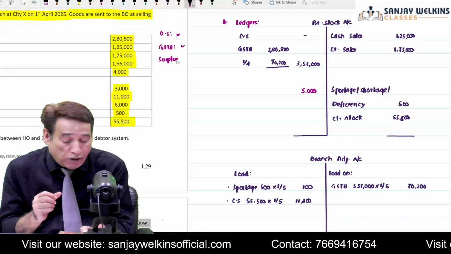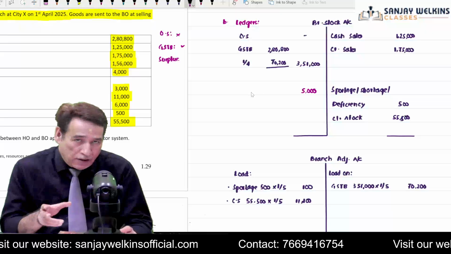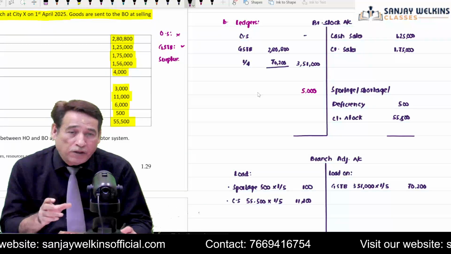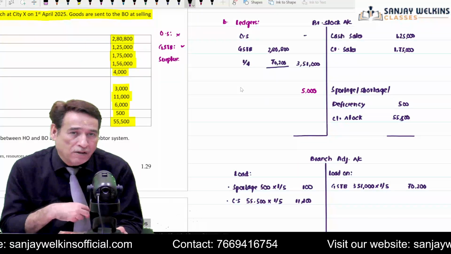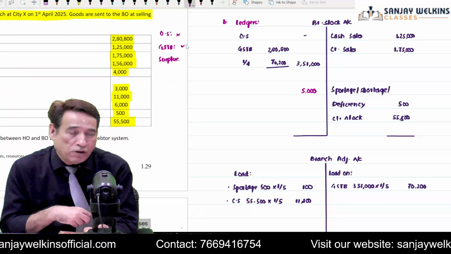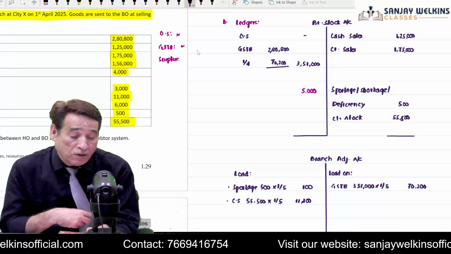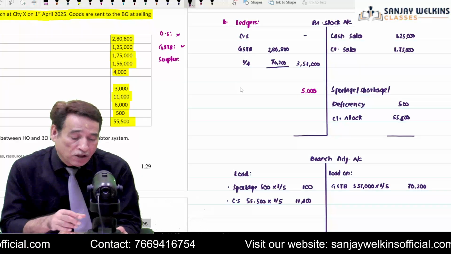Now you let me know, should I treat it as surplus or not? 99.99% of the students think that we should treat it as surplus, because as per rules we cannot take it as opening stock and we cannot take it as goods sent to branch because it is given. So the only alternative left with us is to treat it as surplus.